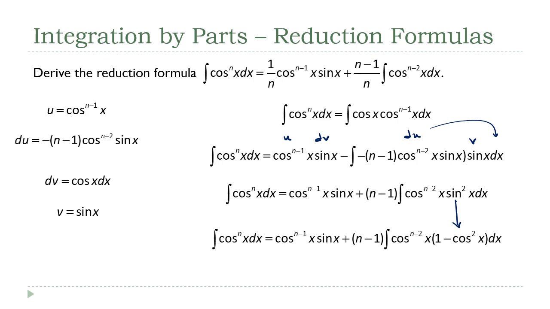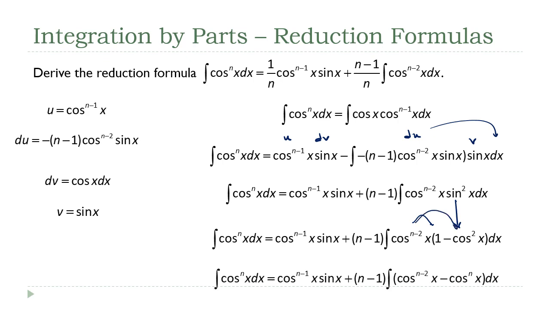Now for my next step, I'm going to take this cosine n minus 2, and distribute it into the parentheses. Cosine n minus 2 of x times 1 just gives me this cosine n minus 2 here. And remember, when multiplying exponents, you add them. n minus 2 plus 2 is just n. That's where this piece comes from.